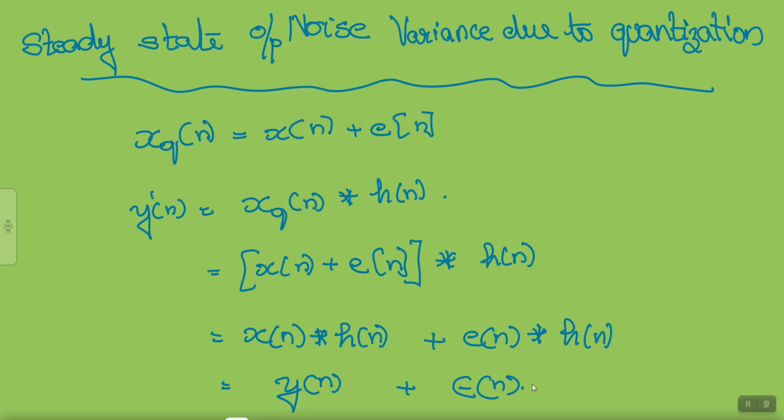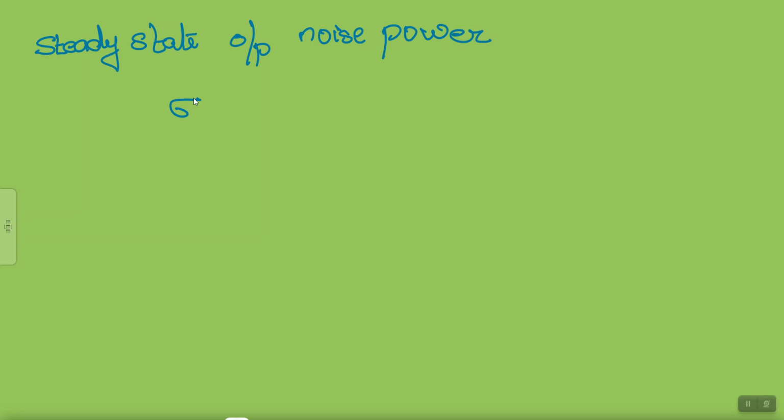So the steady state output noise power due to quantization can be represented as sigma eo square, the output noise power, which is equal to sigma e square into the summation n equal to 0 to infinity of h of n square.